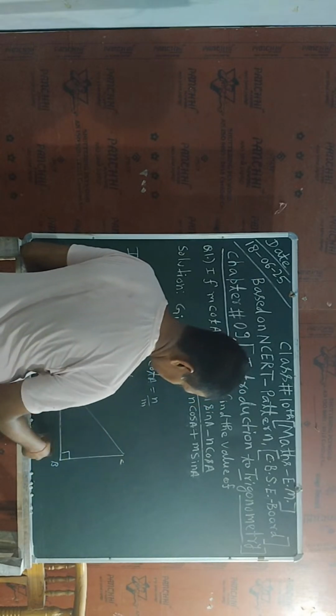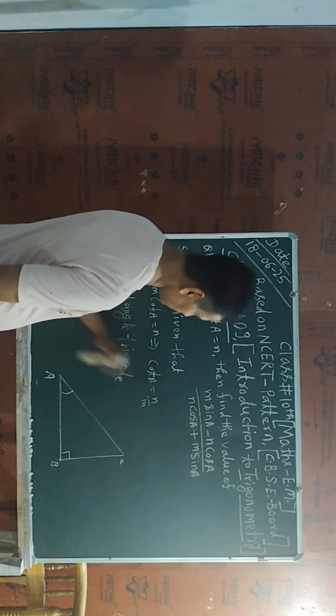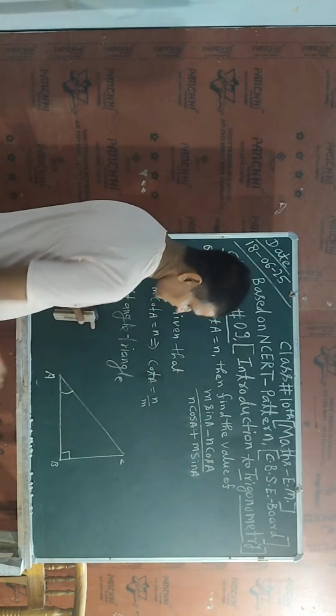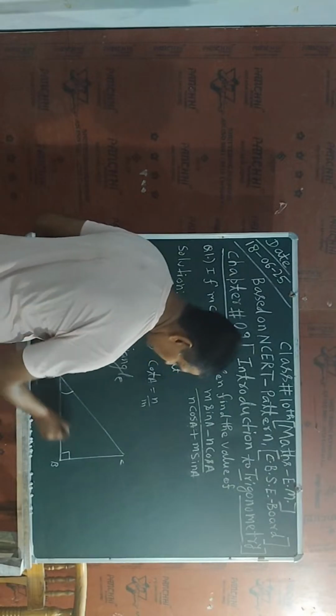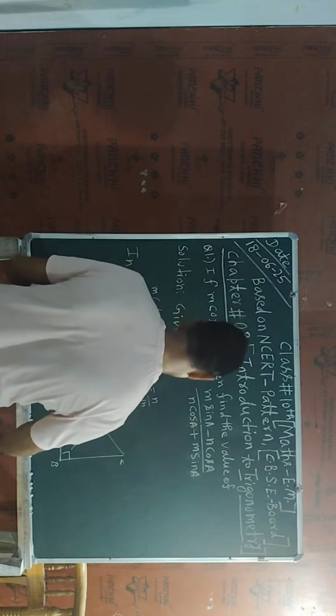Here the BC line is perpendicular to the AB line, and this angle A I am considering because of cot A. Along this line I will say that is the hypotenuse. Here I will write hypotenuse.